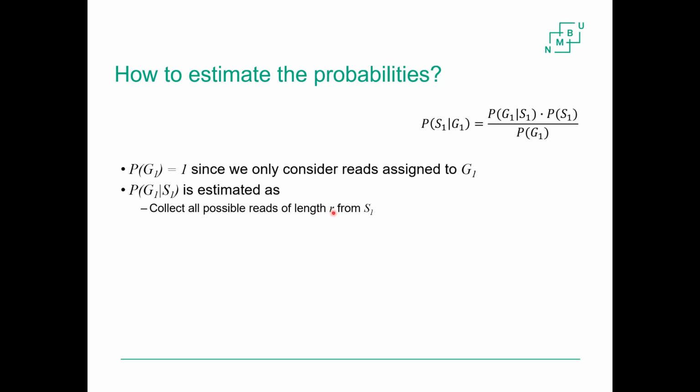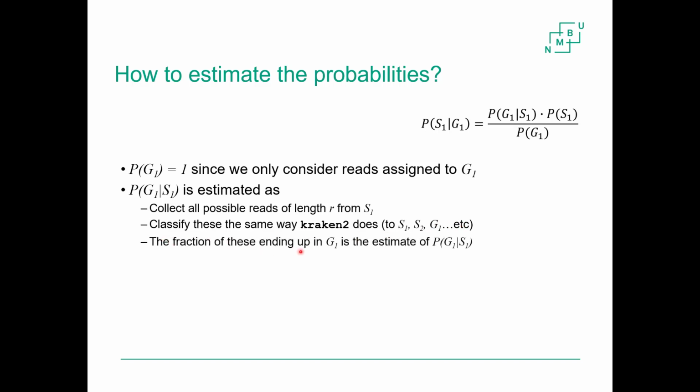So it's actually r-mers, in a sense. And then each of these reads is classified the same way as Kraken does it, as if it was any read, right? And then you will see that most of these reads end up in S1, but some will probably end up in S2, and some in G1, etc.